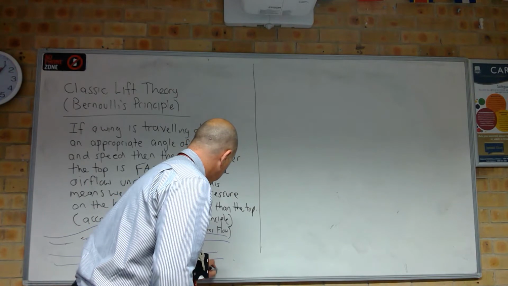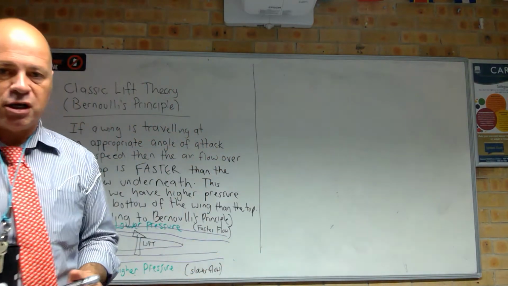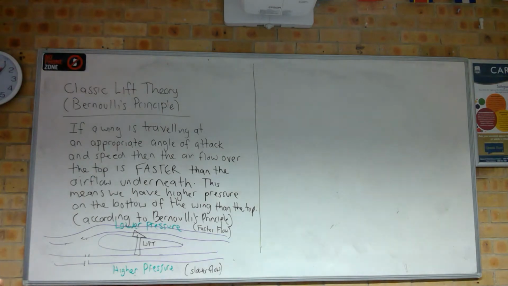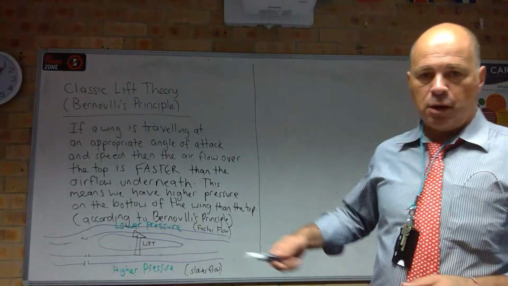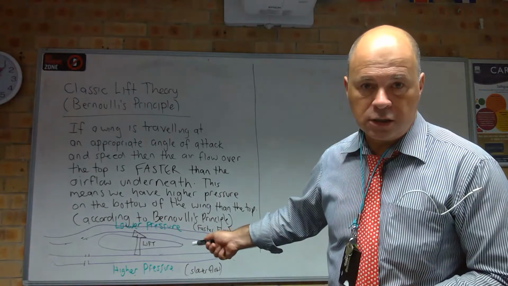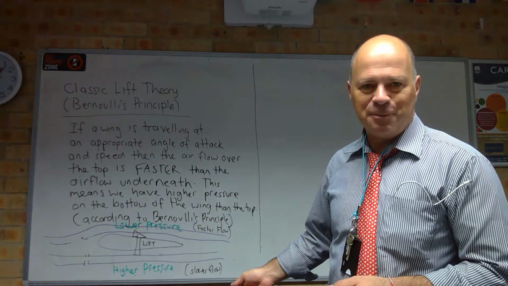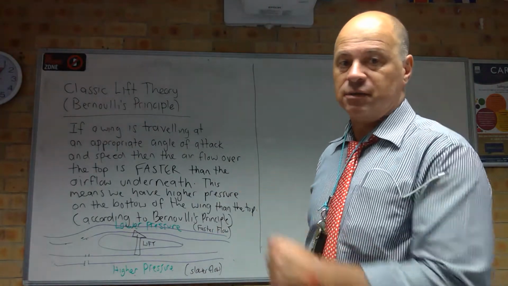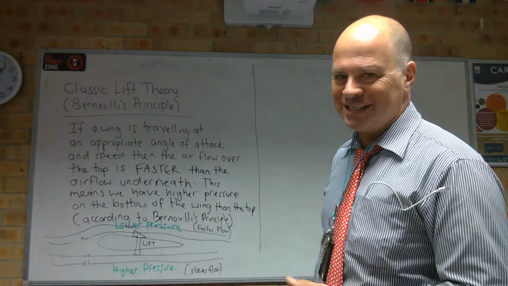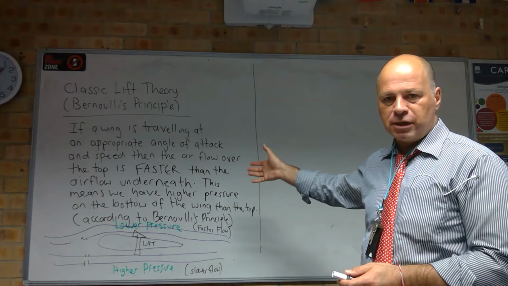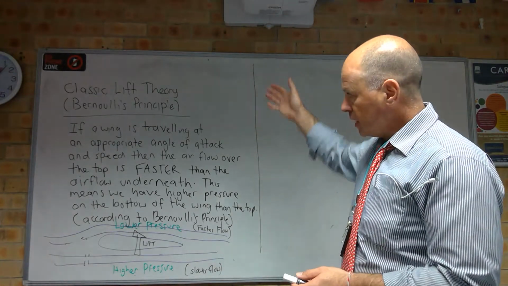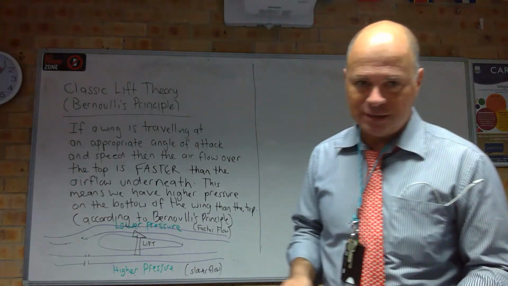flow. Now, we've talked about in the videos as a qualitative solution to the problem, that is not the best explanation, because it's just saying we got faster flow on top. Well, it's not really telling you why, is it? So we can see that there is issues with this explanation, but it's an explanation nonetheless, a simple one.